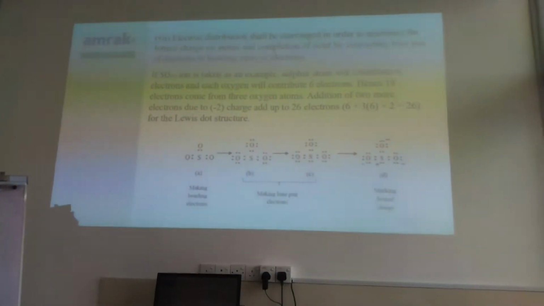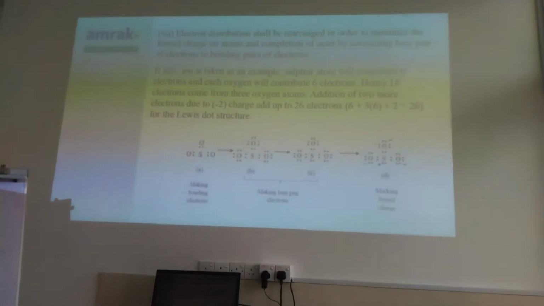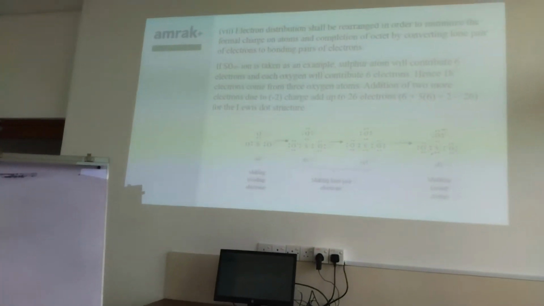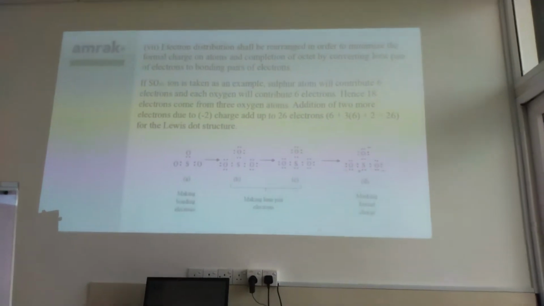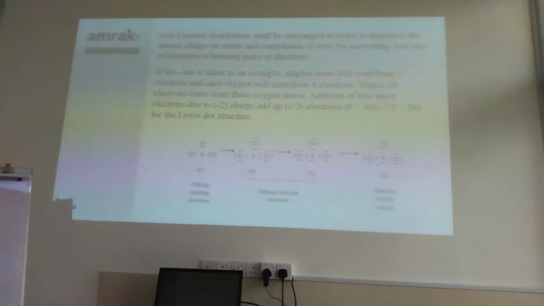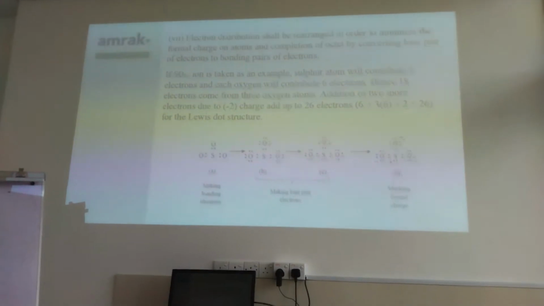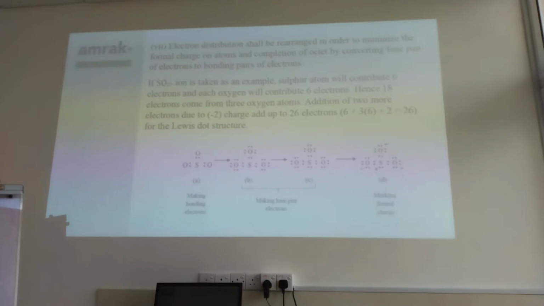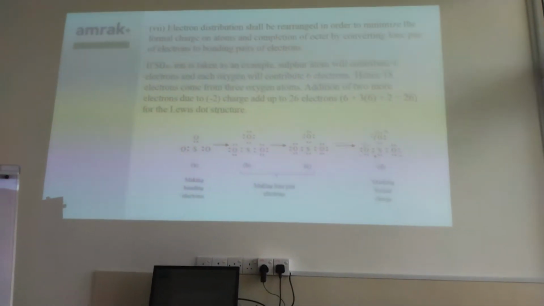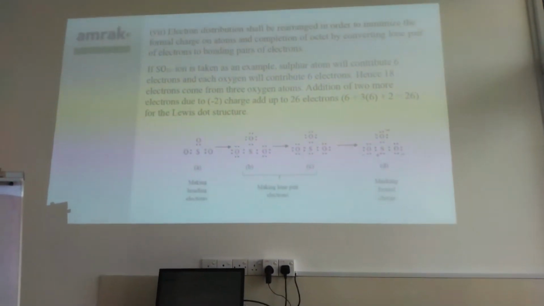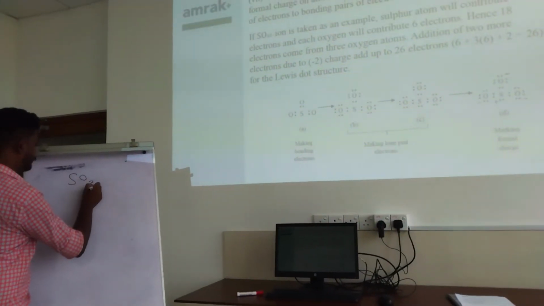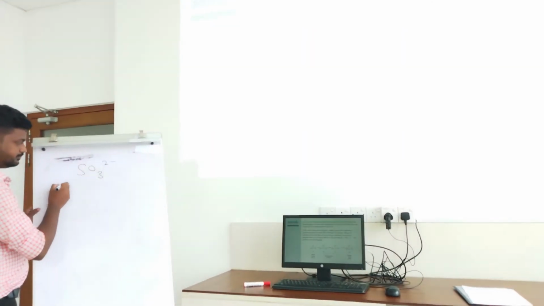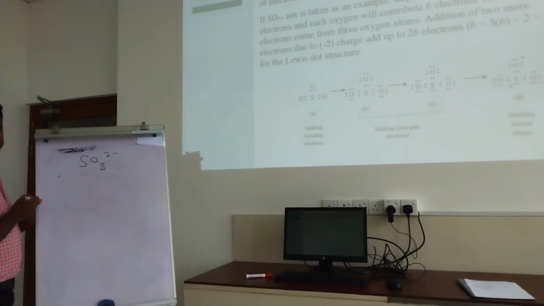Okay, now the next rule. Electron distribution shall be rearranged in order to minimize the formal charge on atoms and complete the octet by converting lone pairs of electrons to bonding pairs of electrons. So if you see SO3 2 minus, how many electrons for sulfur? 6.